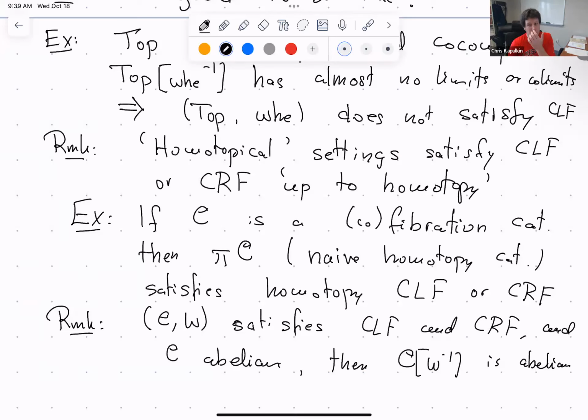And so you can see where the Gabriel-Zisman theorem could be applied.